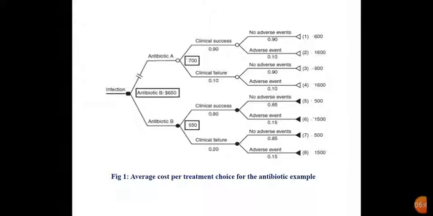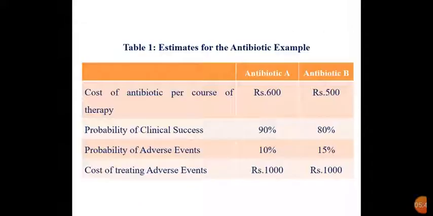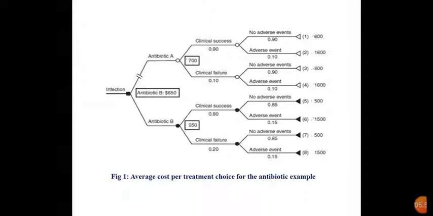Then antibiotic A with the clinical failure, the probability of the clinical failure is 10%, that is 0.10. So here clinical failure also we have two branches, that is no adverse events and adverse event. When there is no adverse event, then it is 90%, that is 0.90, and if adverse event is there, then it is 10%, that is 0.10.